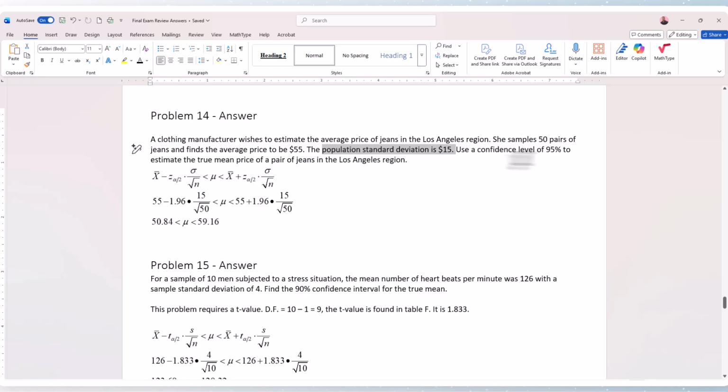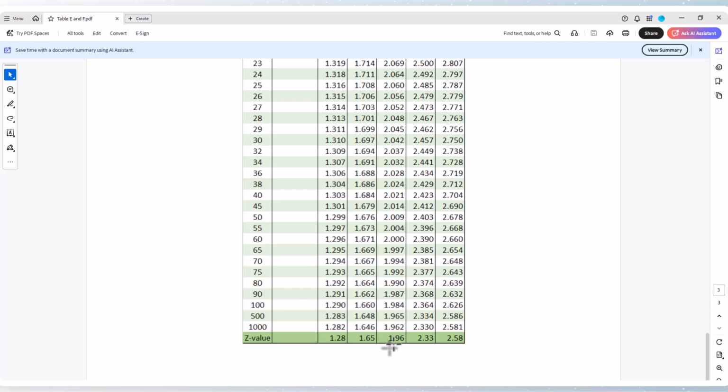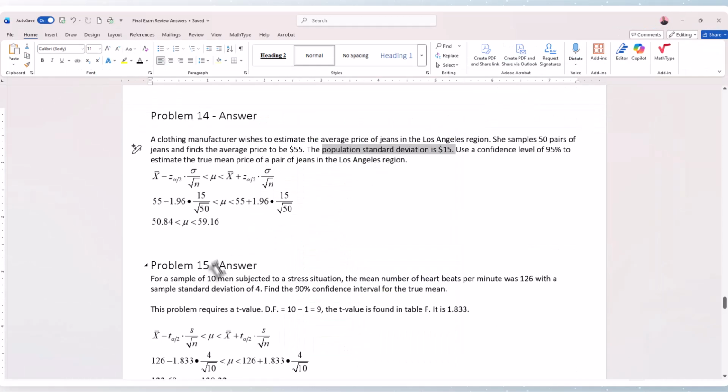So we take our information, n is 50, population standard deviation is 15, x bar is 55. Now to look up the z-value, we have to use 95%. 95%, go all the way down to the z-value, 1.96.